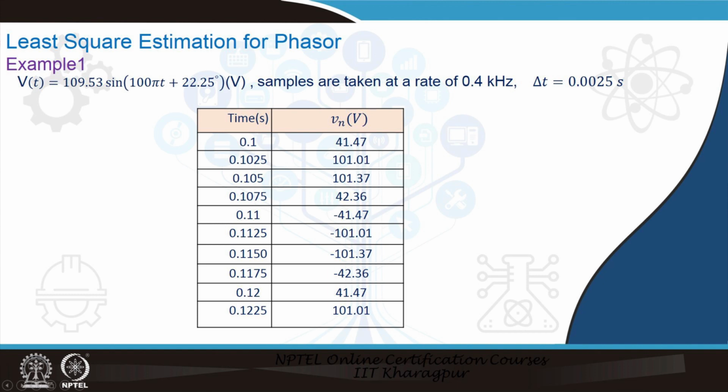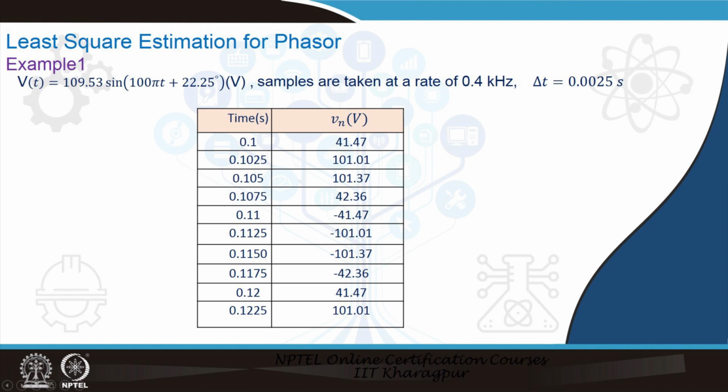Now, let us consider some examples of how we can compute the corresponding phasors using the least square estimation technique. As usual, as in our earlier discussion on phasor estimation using DFT, cosine filter and so on, we consider a signal v(t) equals 109.53 sin(100 pi t plus 22.25 degrees) volt.